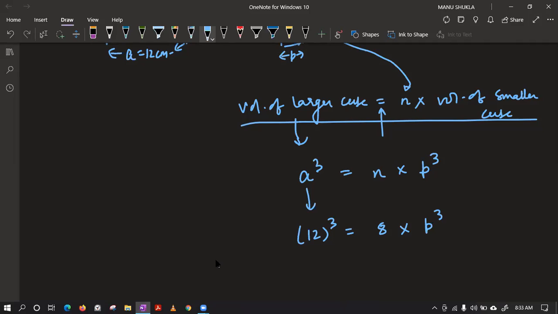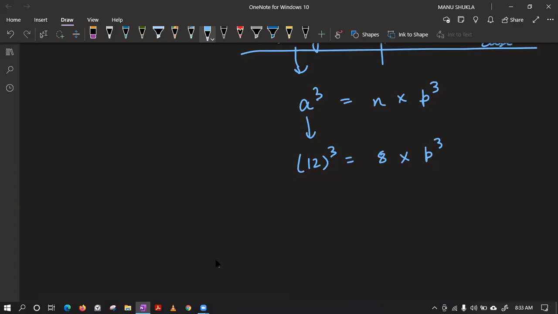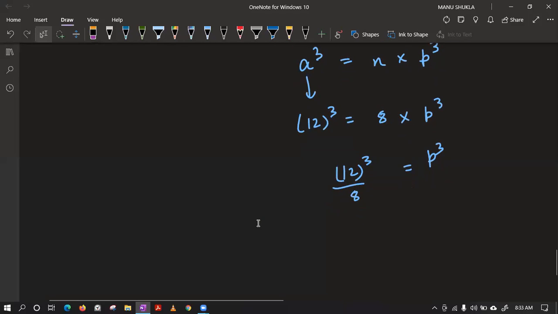Now see, shall I find the value of 12 cube, class? Shall I solve 12 cube completely? No need of doing that. If you are good at the chapter exponents and powers, no need to do that. You can just say p cube is equal to 12 cube upon 8. 8 can be written as 2 cube, so 12 cube upon 2 cube.